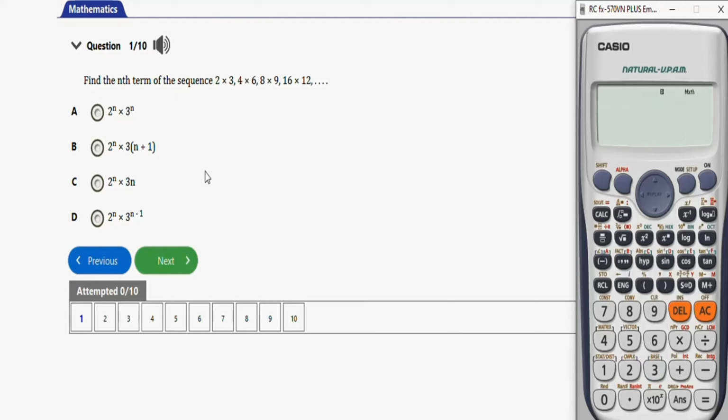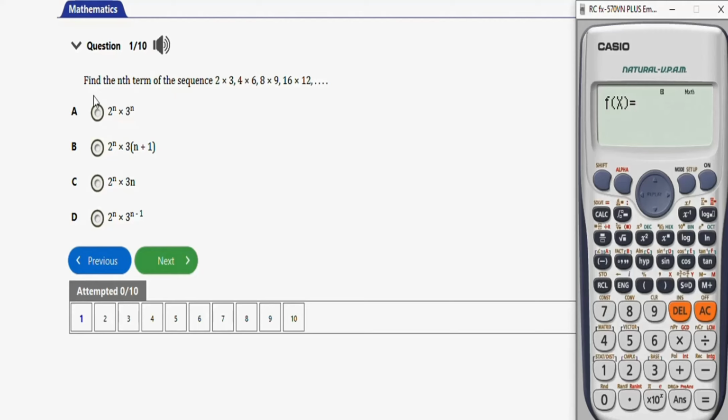We have the sequence to be this, and these are the options. Right now we're going to be evaluating each of these options to see the one that gives all these sequences respectively. So we're going to make use of the function on this calculator. Press mode. When you get here, press 7 for table. So let's define f of x.